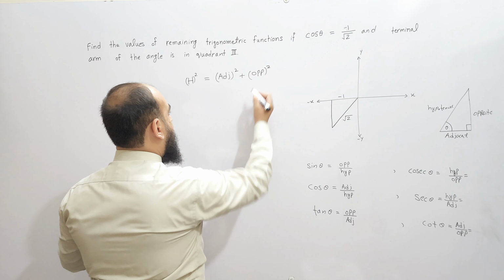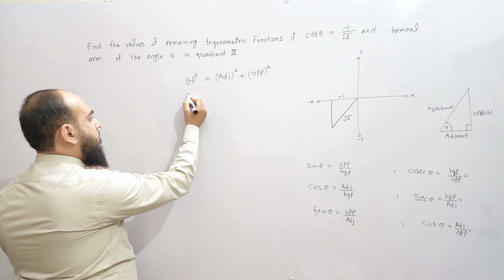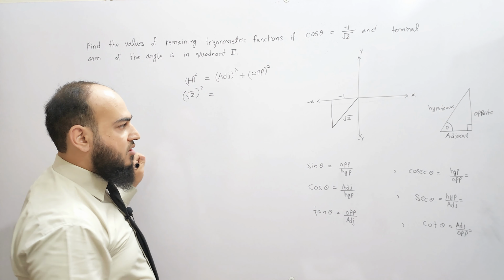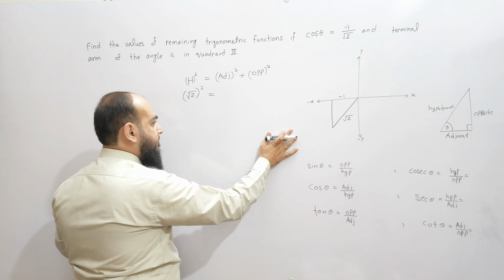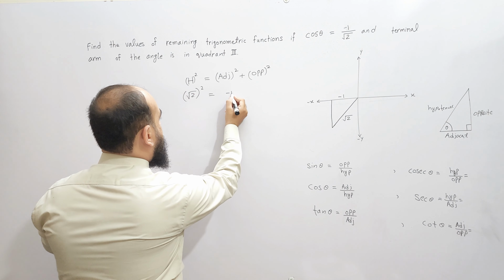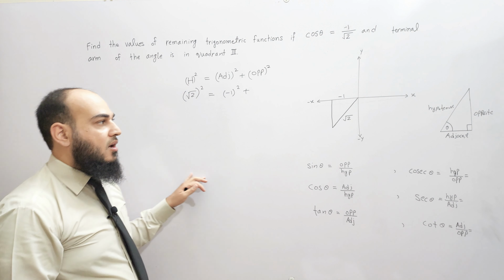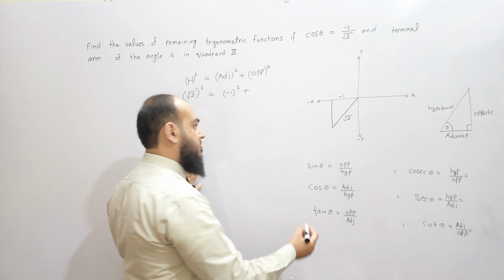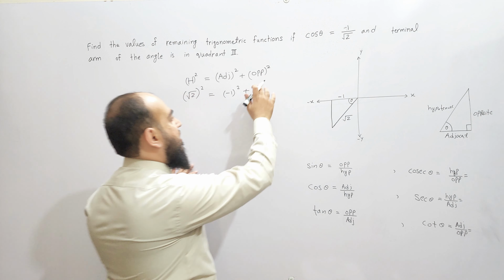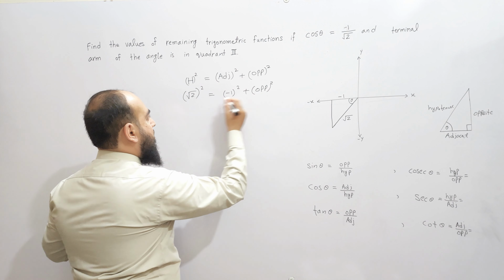Okay, now the given value of hypotenuse is square root of 2, square is equal to adjacent, which is -1 square, and opposite side is not given. We have to find this side, opposite.